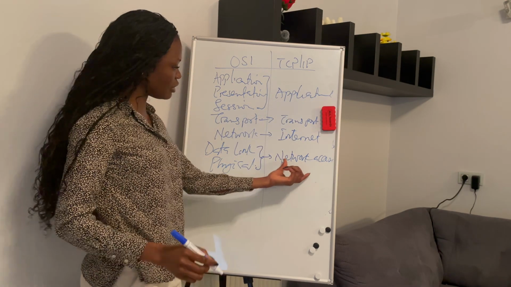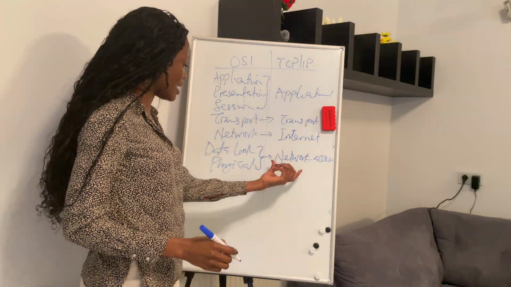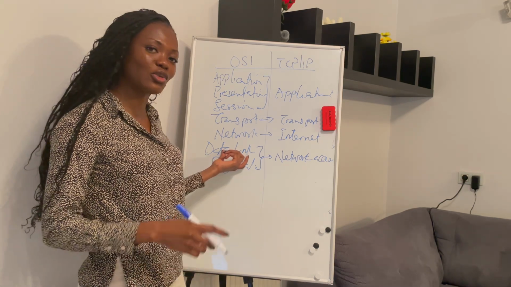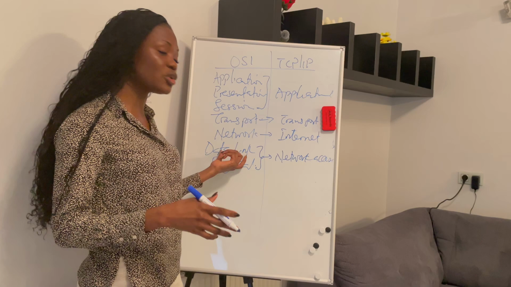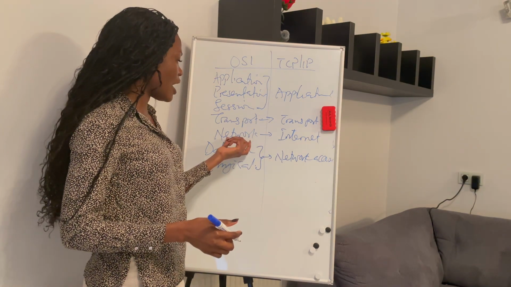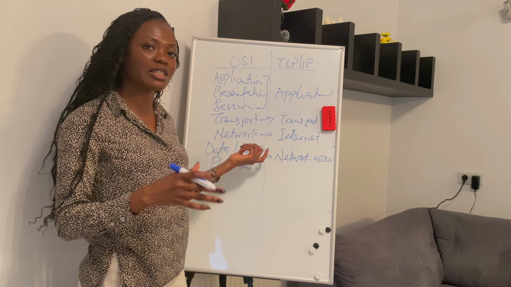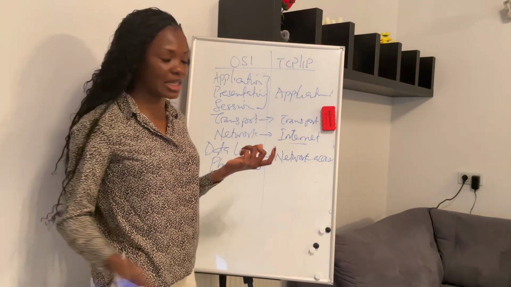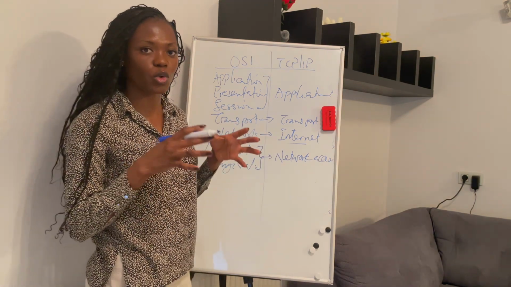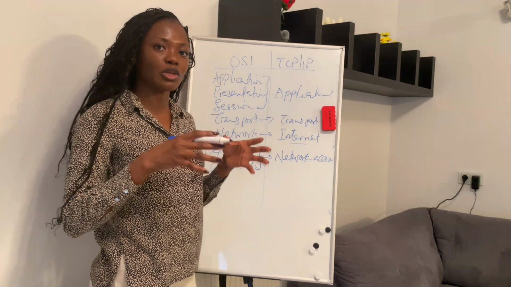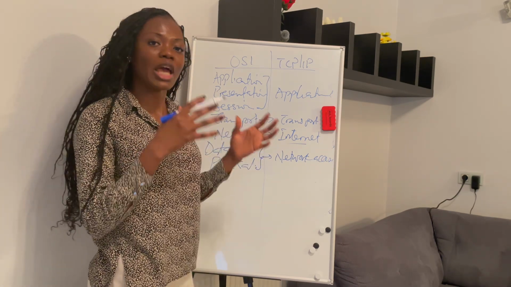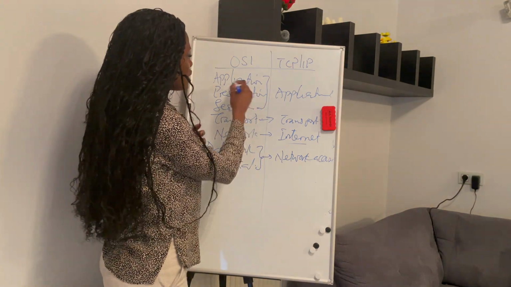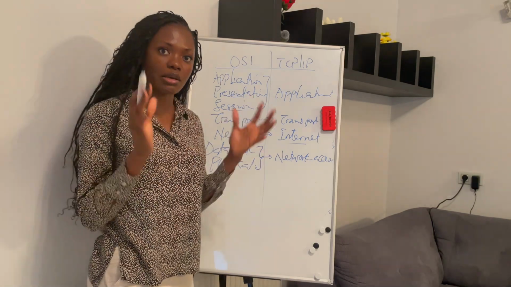So as we have explained before, TCP/IP deals with everything in the physical layer, how communication is happening over the network using MAC addresses. The network is how devices communicate with each other with IP address, internet protocol address, and that's where the internet came from. The transport, we said, decides that this data will be completely and accurately delivered all over the network. And for session, presentation, and application, TCP/IP just sees them as one application.